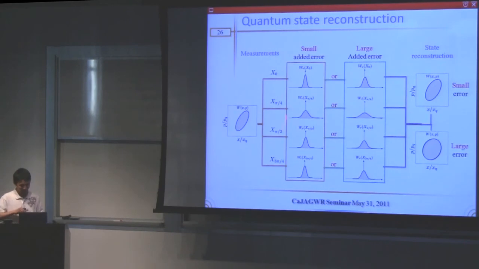And now here, I just show this to demonstrate what's going on. So you have the original quantum state, and then by measuring different quadratures, this can go on and on, not only restricted to these discrete numbers. If you have a small added error, you basically get a very nice sharp distribution.